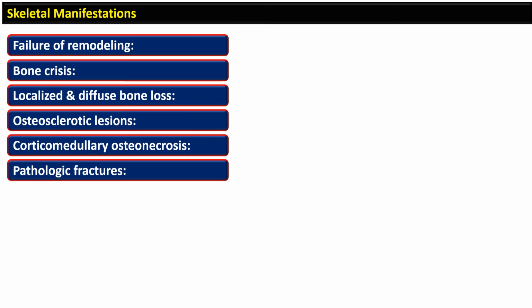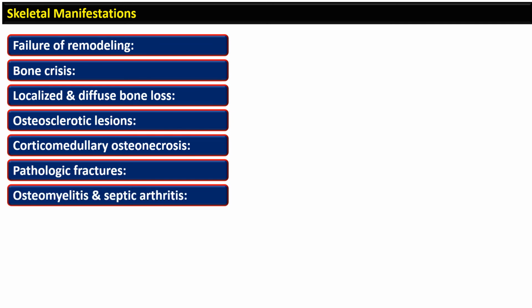The pathological fracture is the result of disturbed metabolism within the bone with thinning of the cortex, osteolysis, osteosclerosis, etc. that will lead to spontaneous fracture of the vertebrae, long bone or pelvis. Osteomyelitis and septic arthritis are caused by hematogenous spread of coliform or anaerobic organisms, and usually it occurs after surgery.